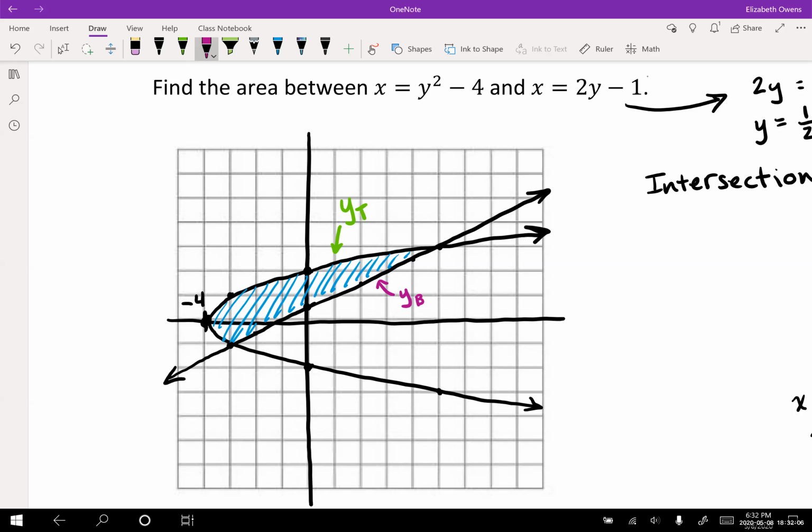But also notice over here that at x equals -3, we have something different going on to the left of that. The top function here, yt, is still the parabola, but notice that here the bottom function is also the parabola, so that's a little strange.